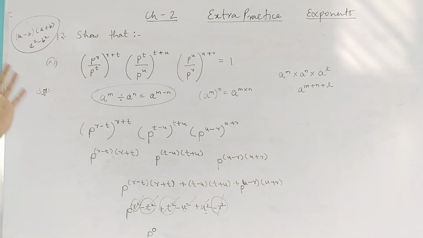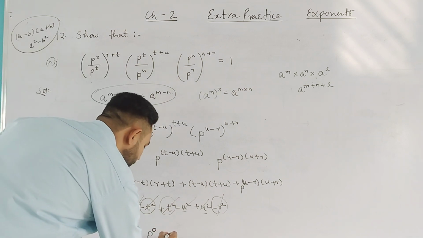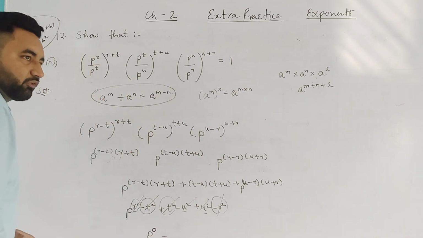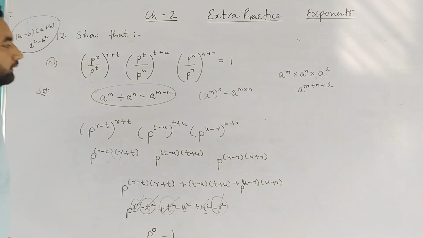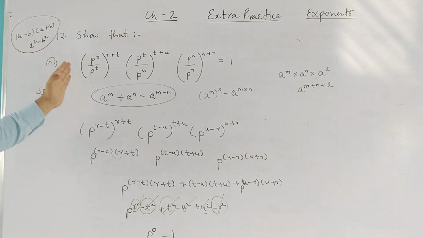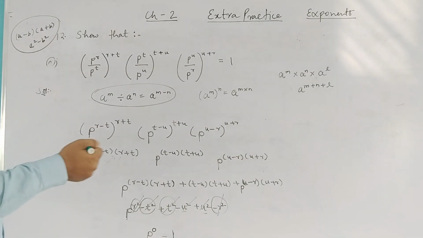When nothing is left, how can you say 1? So it will be written p to the power 0, and what is p to the power 0? 1. Okay? So we have proved that the left hand side is equal to the right hand side. Verified.